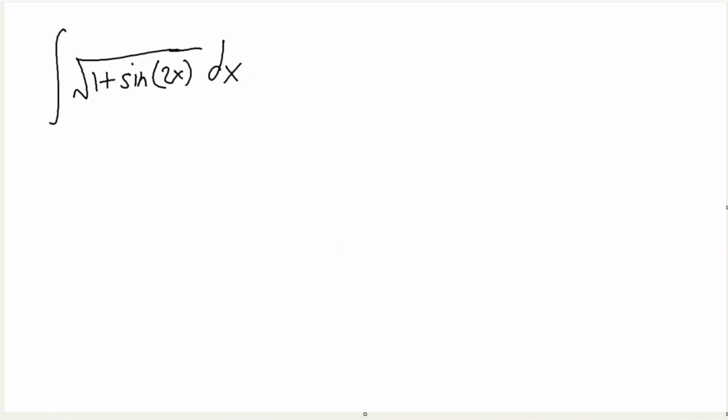Alright? So how would you integrate this? The textbook way is to conjugate it, right? We would have to conjugate it, and then you would get something like cosine of 2x over square root of 1 minus sine 2x. But I don't want to do that. I would go ahead and square it. I would substitute this.